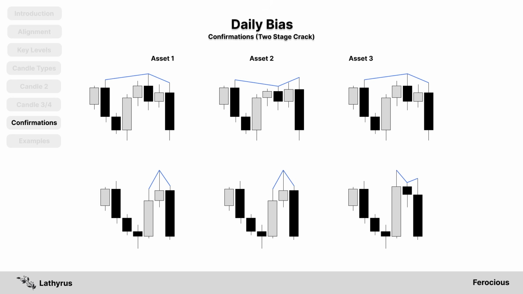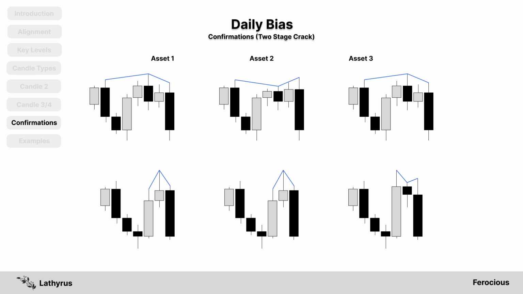So now I'm going over to the second one. This is a two-stage crack. It's basically very much the same as the one-stage crack, but we can identify strength switches. For example, here we have on asset 1, 2 and 3 all this relevant high. Asset 1 and 3 are taking out the high, while asset 2 is failing to, but we form a strength switch here when asset 1 makes a lower high following after the higher high, right?